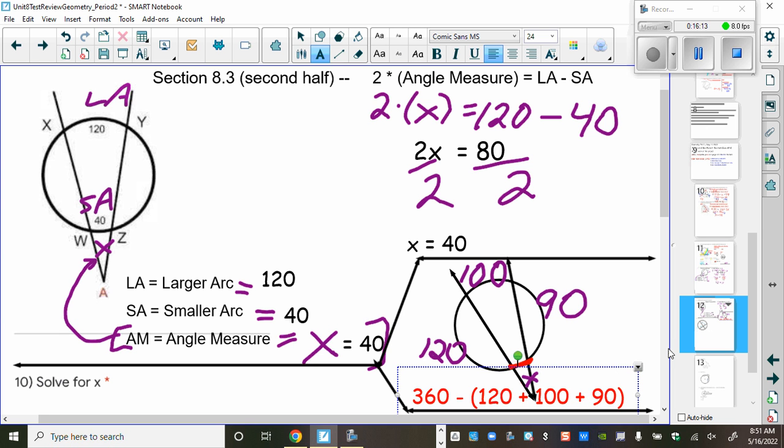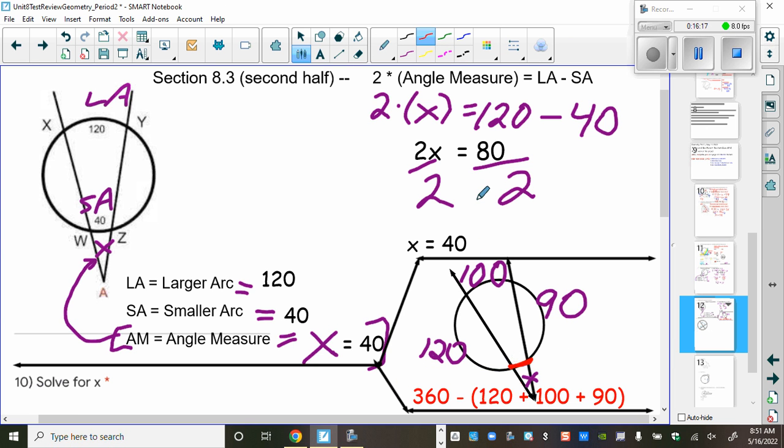So did anybody figure out what that number will be? So for this smaller arc, so this would be the larger arc. 100's your larger. So then the smaller arc would be how many degrees?